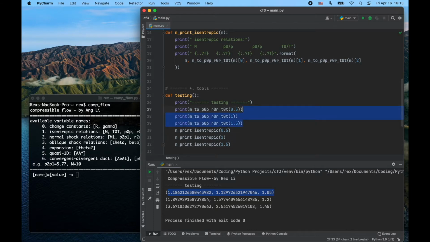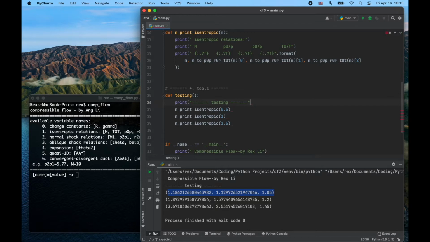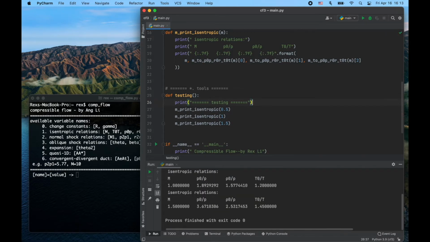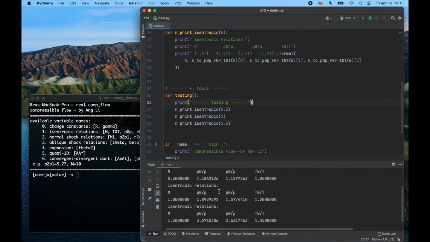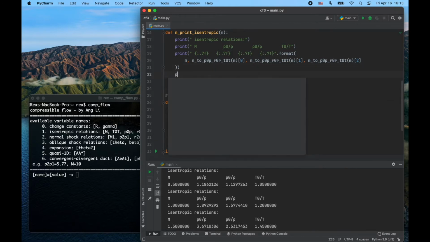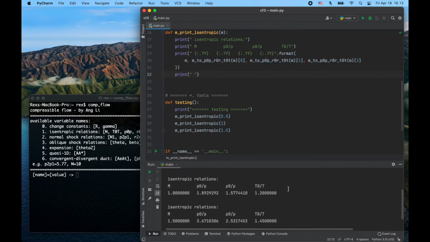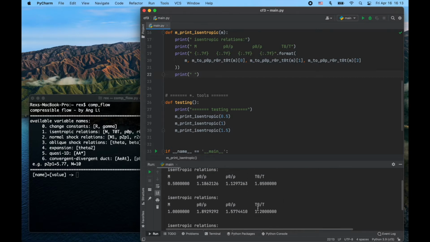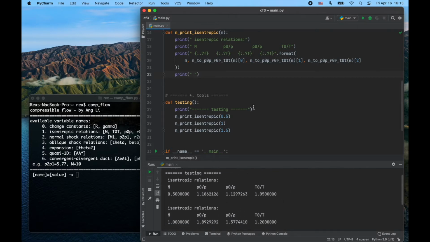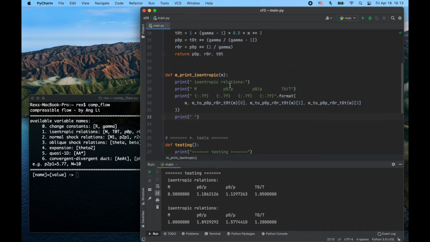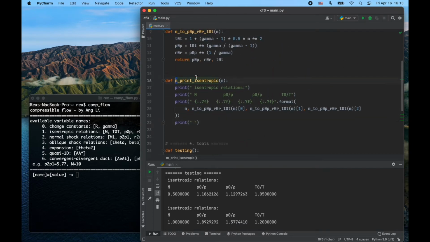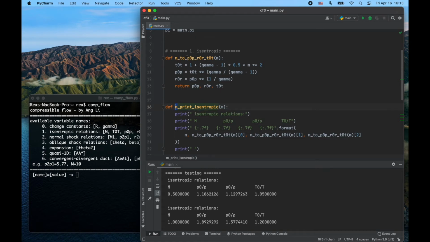And I can remove these 3 lines. Call it. Okay, I would like to print another blank line. Yeah, they look pretty good. So this is our isentropic relation given by the Mach number, and the program will give us the ratios.